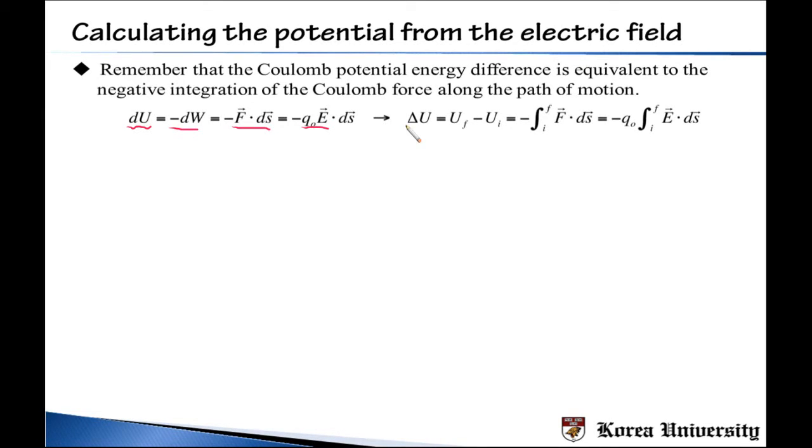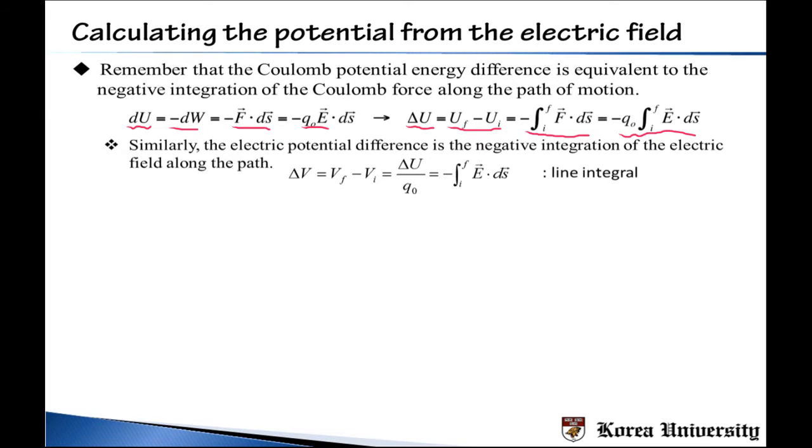What we get is the difference of electric potential energy, between the initial position and the final position. We are integrating the force along the path from the initial position to the final position. Remember, we still have the minus sign here. Then finally replace the Coulomb force by the test charge multiplied by the electric field, right? Eventually what we wanted was the potential difference, not the potential energy difference.